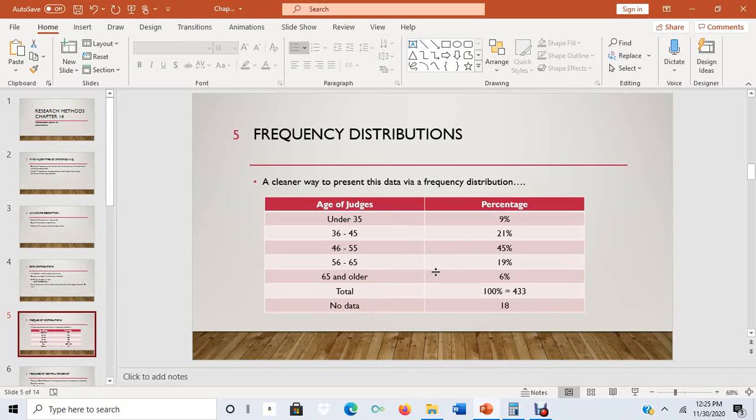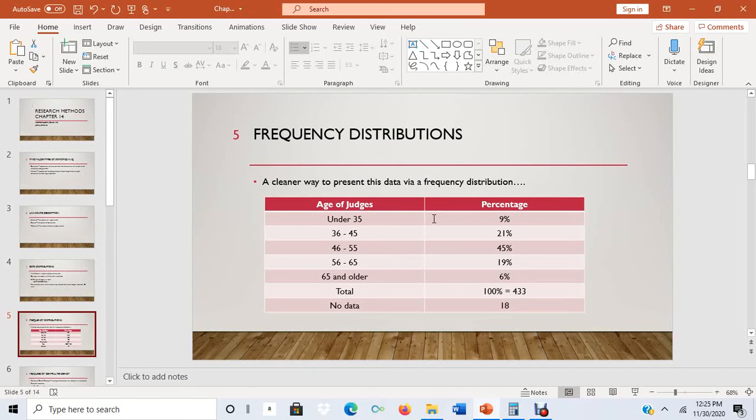for example, that the least number of judges are 65 and older, because we know that 6% of our judges fall into that category. And then we also see fewer judges in the under 35 category, which I think makes sense logically, because in order to become a judge, you have to have a number of years of experience with the bar, and then you have to get elected and so forth.